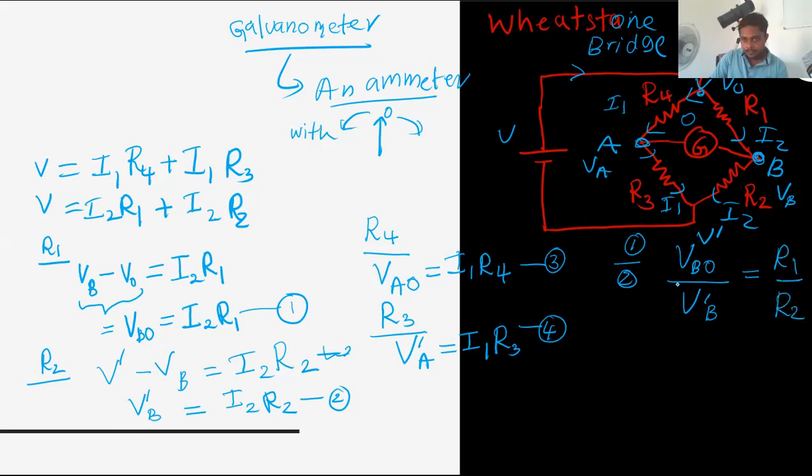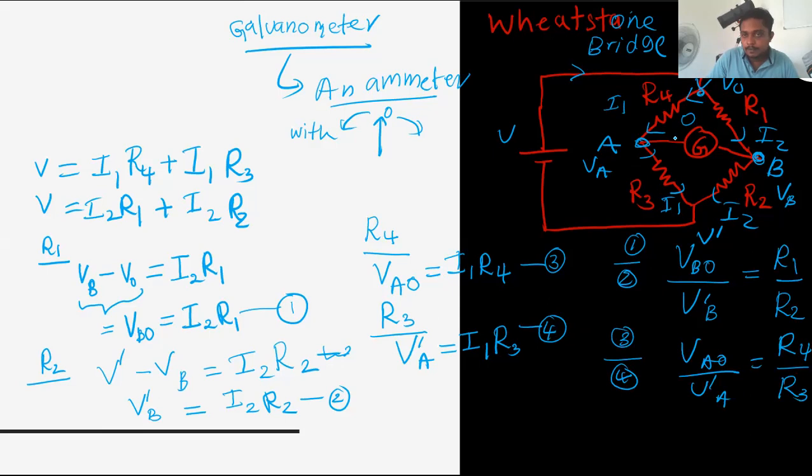You can also do this for 3 divided by 4, and I am getting VAO over V dash A as R4 over R3.